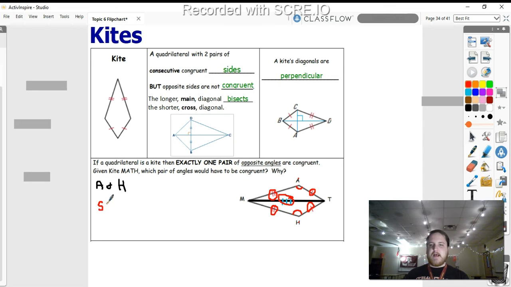First is side, side, side congruence, which tells us that the triangle on top and the triangle on bottom are congruent to each other. Up next would be CPCTC: corresponding parts of congruent triangles are congruent. That tells us that A and H are corresponding angles, so they have to be congruent as well.